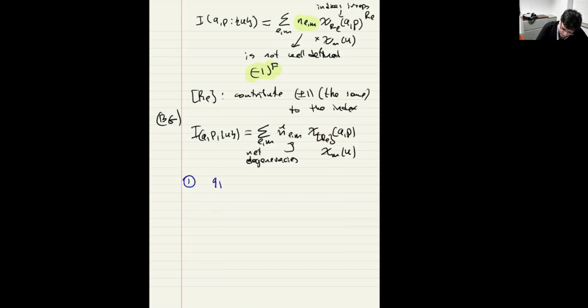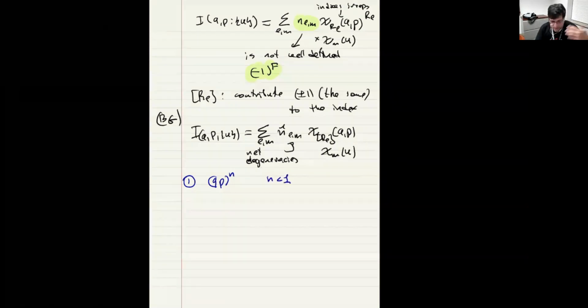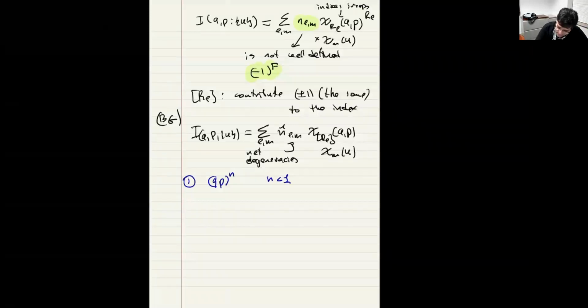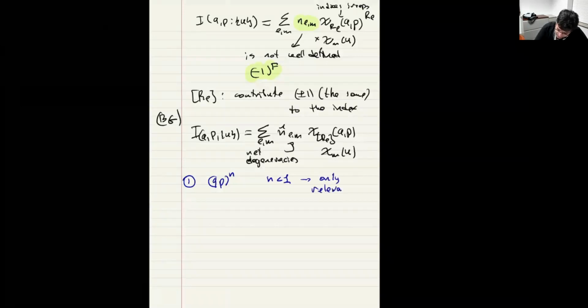So first of all, if you look at the expansion of the index at terms which are weighted with a certain power of Q and P to the n, such that n is less than 1, n might be a fractional power which is less than 1, then the only operators which contribute to the index are relevant chiral operators.